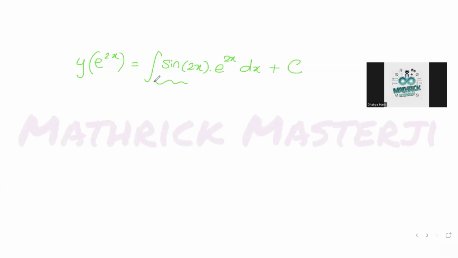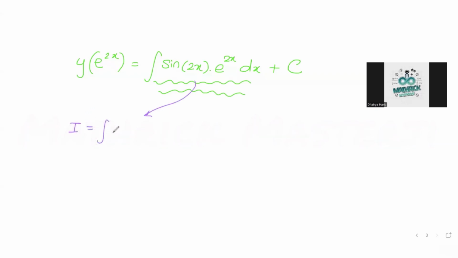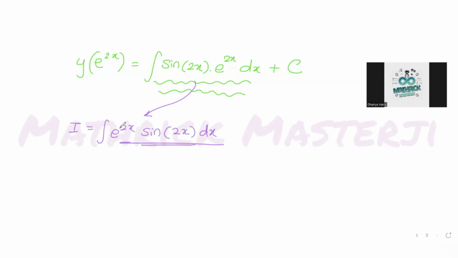Let's try to solve and evaluate this integral's value now. I'll write I as integral of e raised to 2x sine of 2x dx. We'll first solve only this part of the integral, and whatever answer we get, I'll put it here, and then I'll get the solution of this entire differential equation. To get the value of this integral, I can use the product rule.